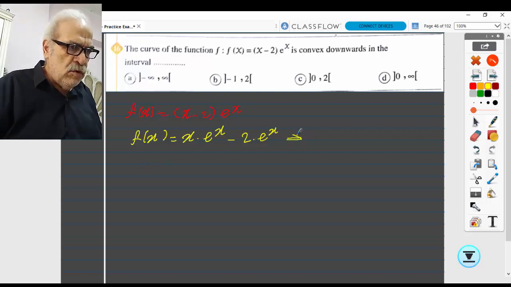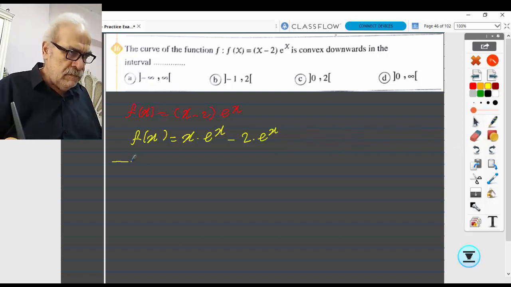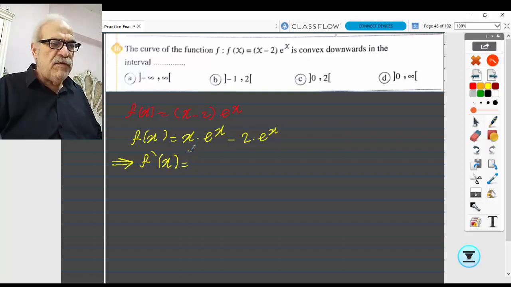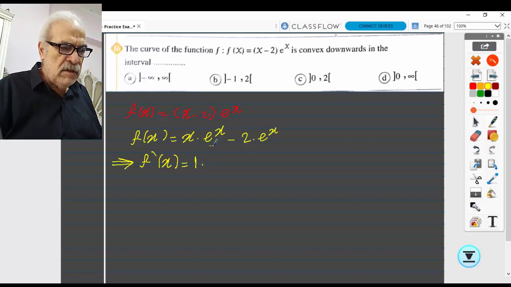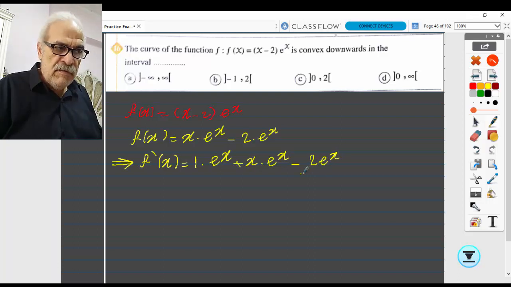So f dash of x equals the derivative of the first is 1 dot e power x, plus the first dot derivative of the second, e power x, minus the derivative of 2e power x, which is 2e power x itself.